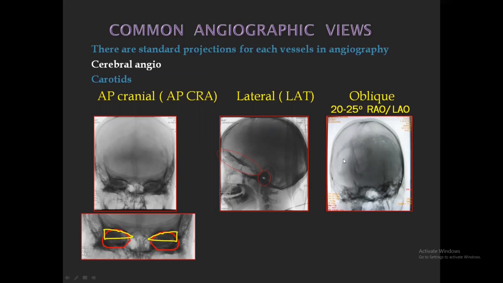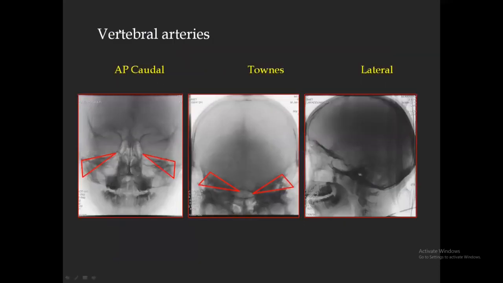Then oblique views like 20 to 25 degree RAO or LAO, ipsilateral view. For example, for right ICA we use the right anterior oblique view, and for left ICA we take the left anterior oblique view. Then in vertebral arteries, we take a caudal view in which the petrous should be projected below the orbital margin.